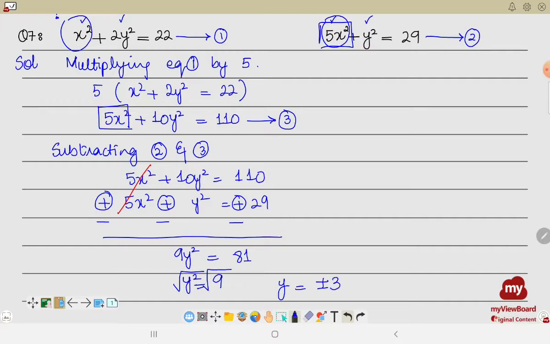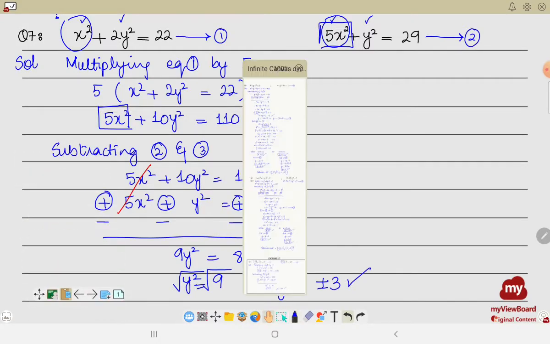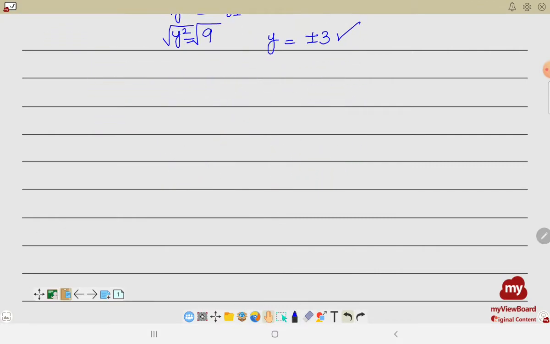Once we have eliminated one variable, we got the value of the other variable, right? So for finding the value of x, we'll use these two values. Let's write these two values.